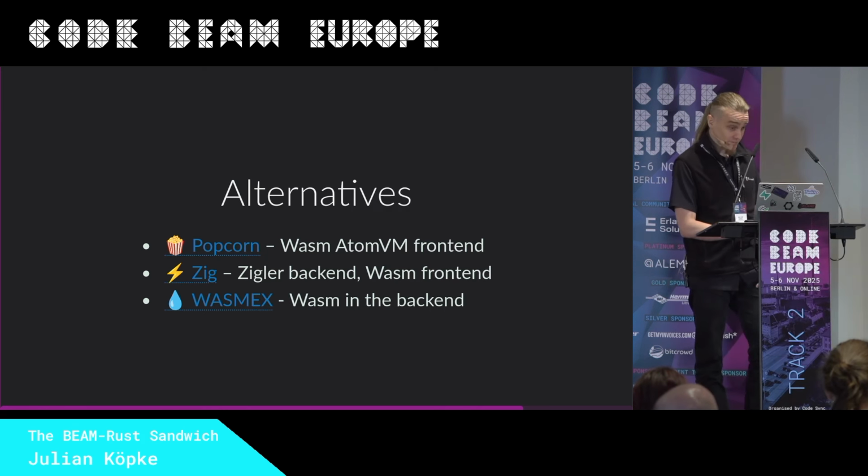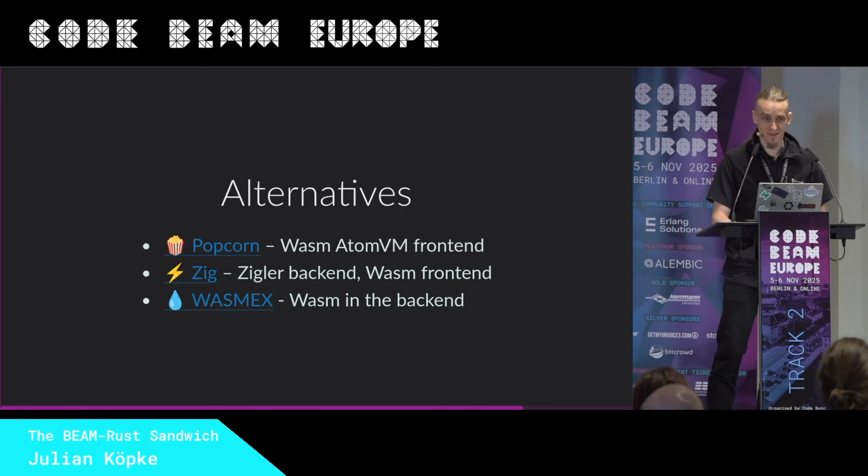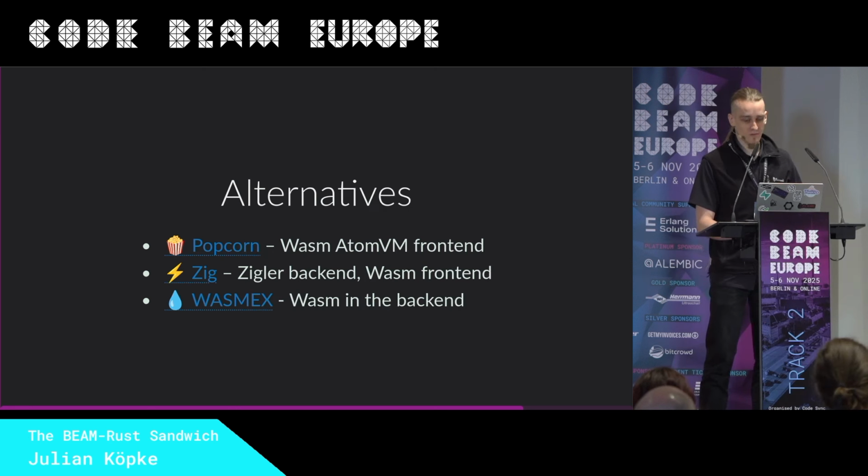And then there's Wasmex. That's an integration of a WebAssembly runtime that is embedded in Elixir. So it also uses Rustler, but you can actually execute your WebAssembly code in the backend.